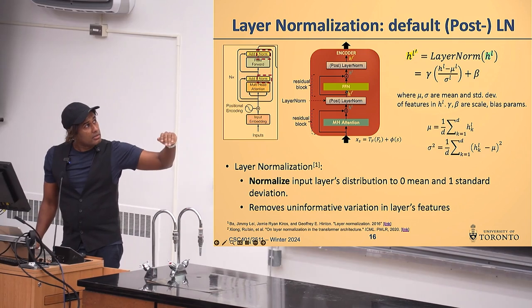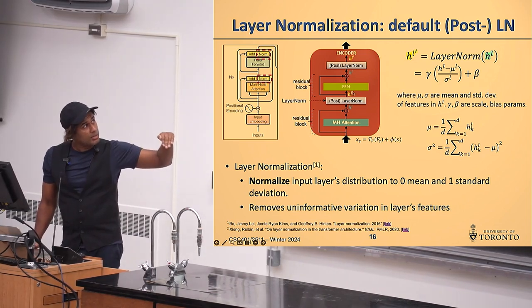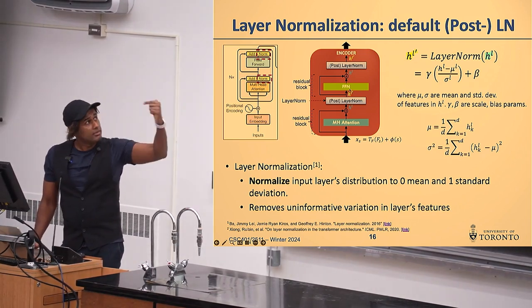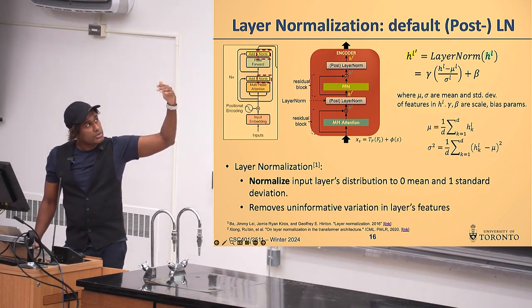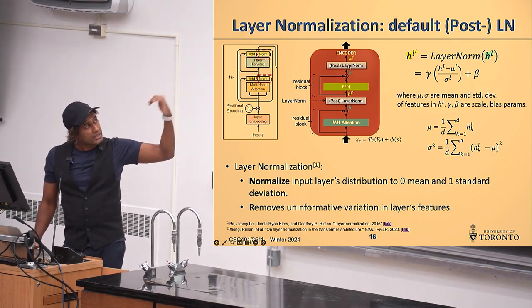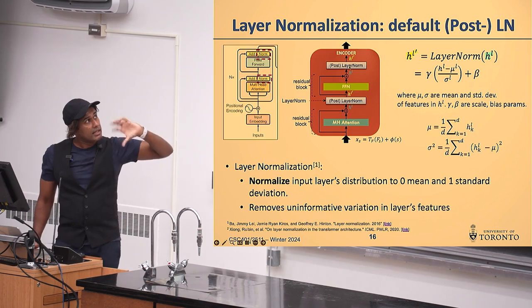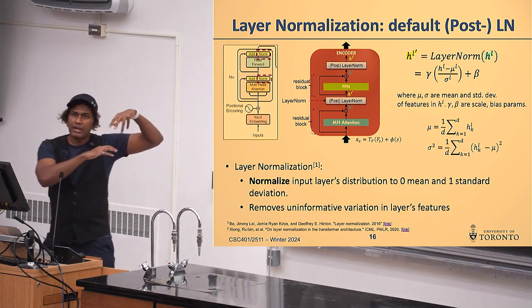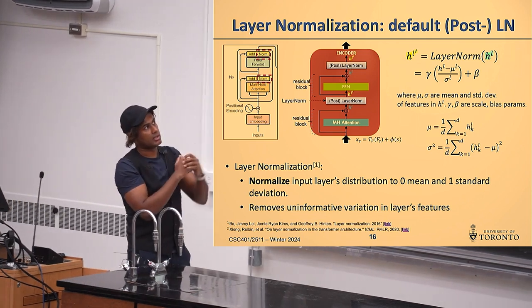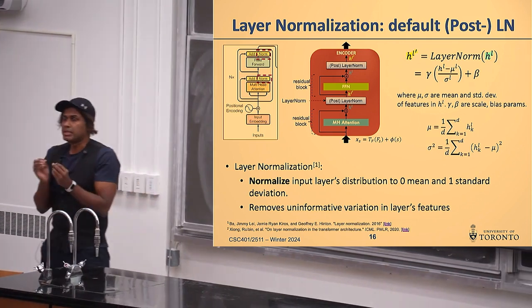After it's normalized, you take the H^l prime and then feed it to the next sublayer, which goes through a residual connection, and then there's again layer normalization. So the idea is that the layer normalization happens after the residual blocks. This is known as post-layer normalization.